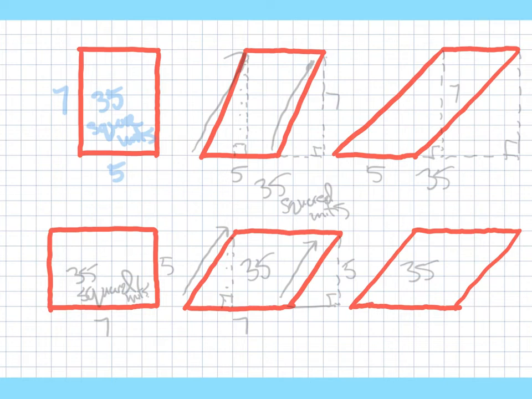Another way I want you to think about parallelograms is you look at that first one where it's a rectangle and the base is 5 and the height is 7. You can see that the base never changes and the height never changes, even though the angle changes. So essentially, a parallelogram is nothing more than a rectangle that's kind of blowing in the wind, right?